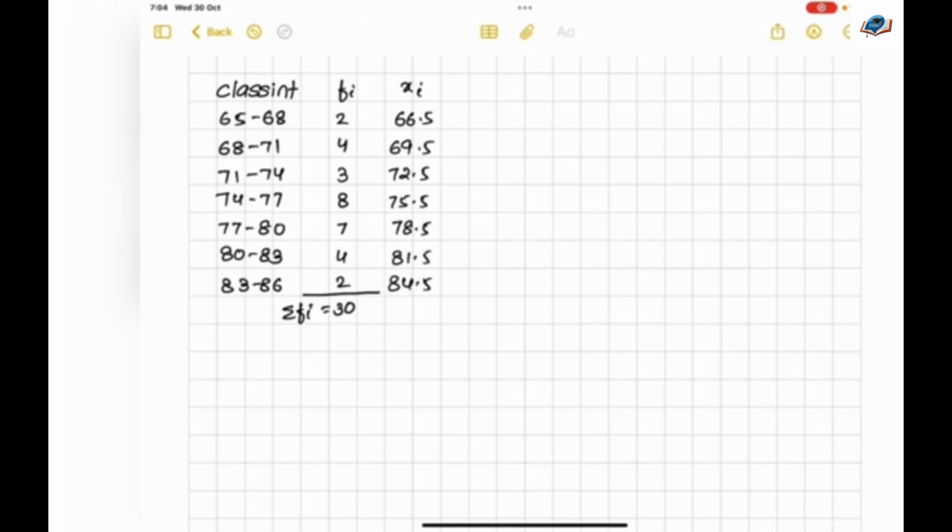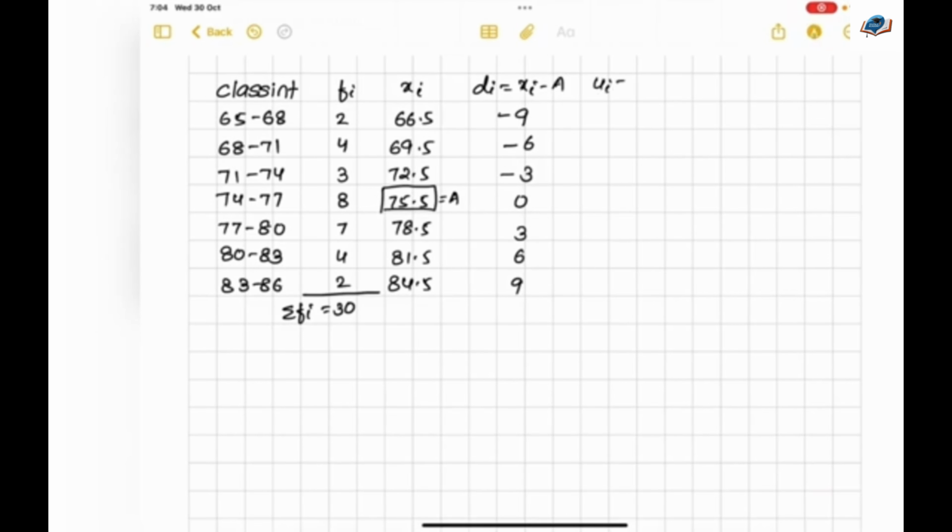So a I am taking as 75.5. Now di equal to xi minus a. So that I will be getting minus 9, minus 6, minus 3, 0, 3, 6, and 9.